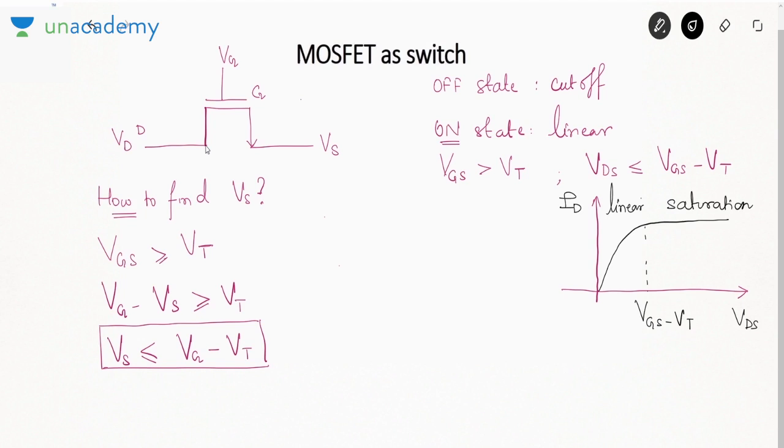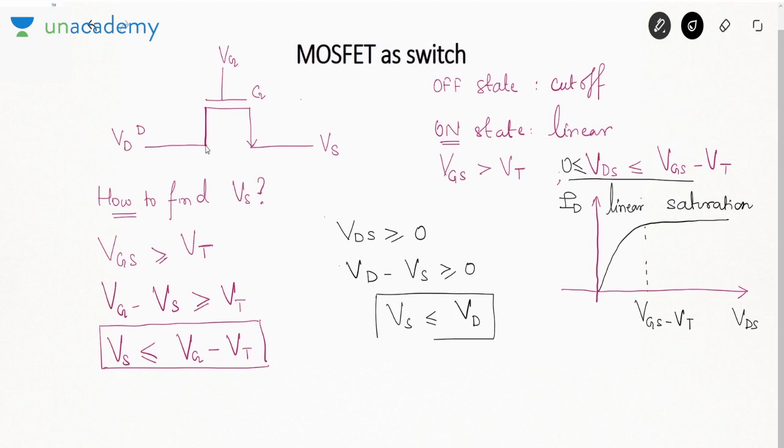It means in linear region the voltage VDS lies between 0 and VGS minus VT. So I can say that the condition VDS greater than equal to 0, what it will say? VD minus VS greater than equal to 0 or Vs less than equal to Vd. So we have obtained two limits on the value of Vs. Either it is less than equal to Vd or it is less than equal to Vg minus Vt.